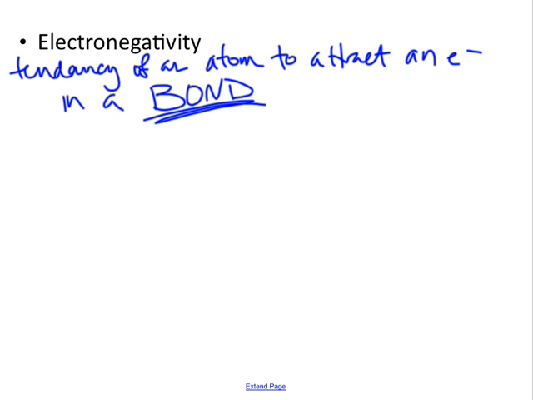That's the most important part. So small noble gases that don't react don't have electronegativity values. Helium and neon, for instance, don't react with anything, so they don't have a tendency to attract electrons in a bond.